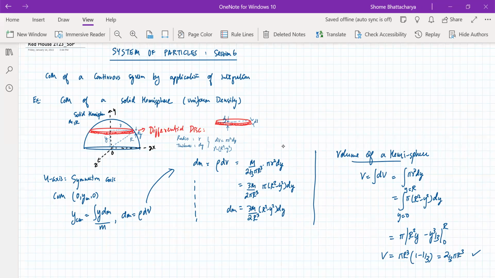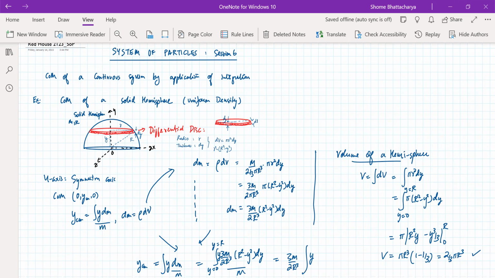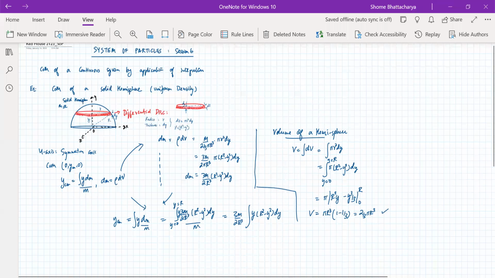So anyway, now we'll substitute here. So this is the integration we have to come up with now.